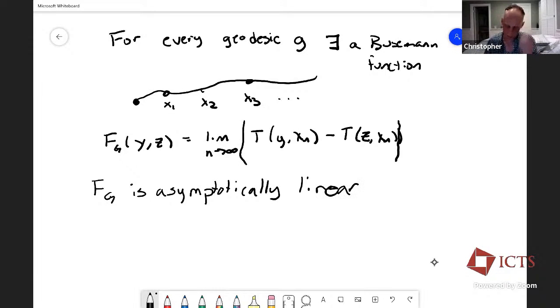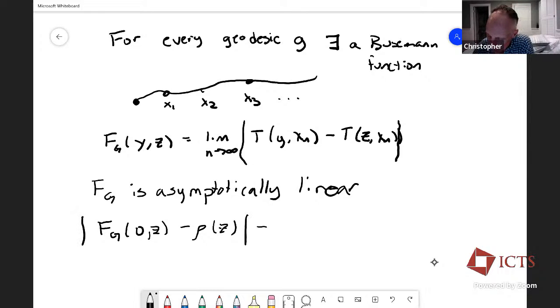There exists some linear function rho such that the difference between f_g of 0, z and rho of z is equal to little o of z.